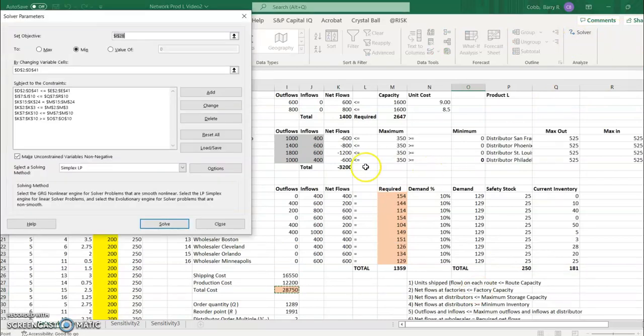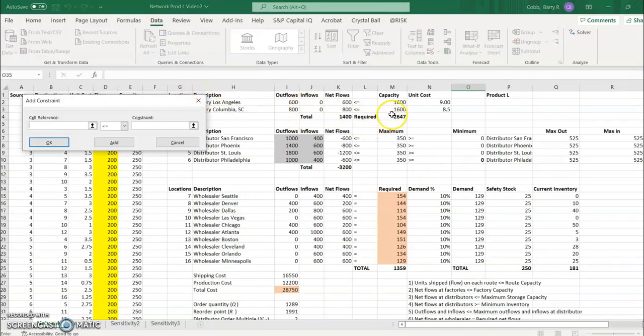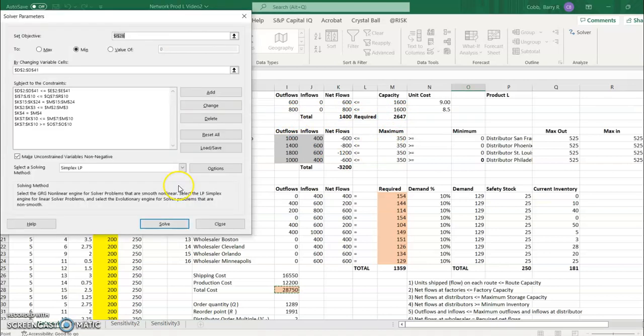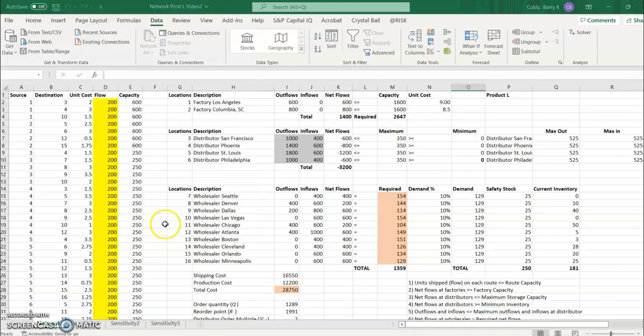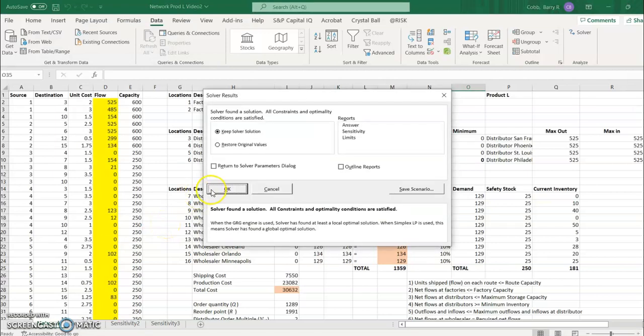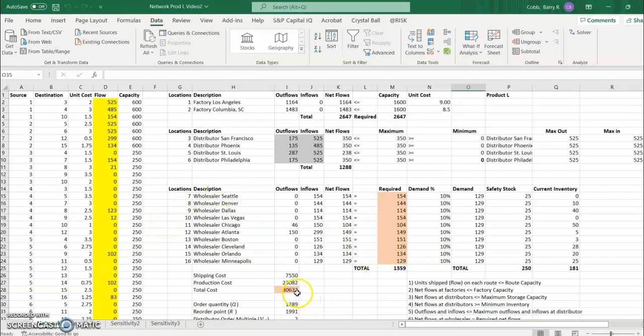So we'll enter that into Solver. This required total production or net flow is equal to the required. So this should be all of our constraints. And if we solve the model, we get a total cost of $30,632 in this case. And the shipping plan is contained here in column D.